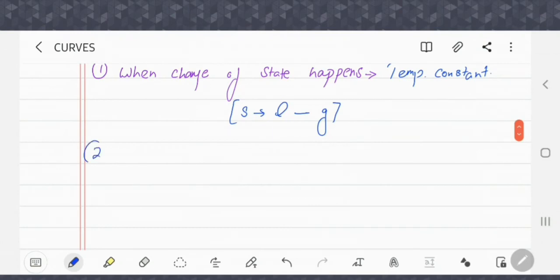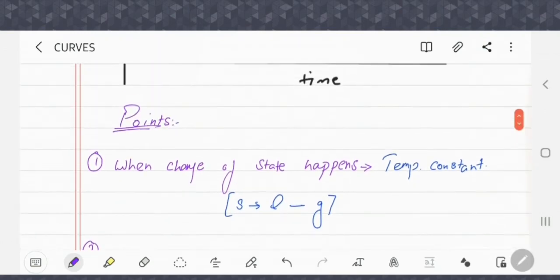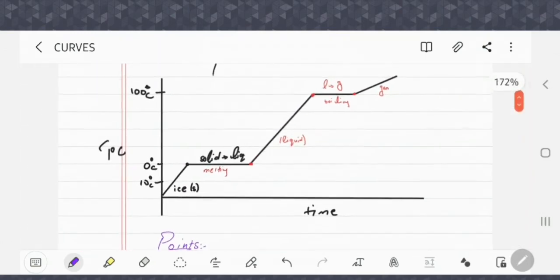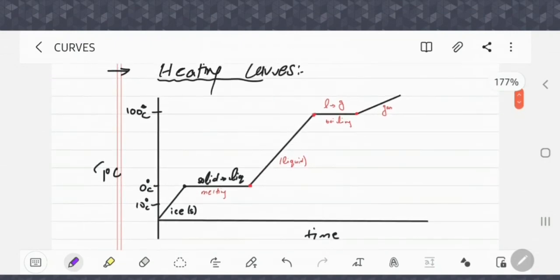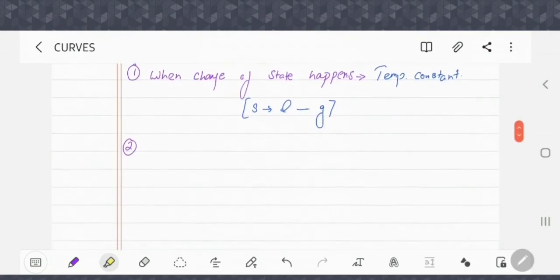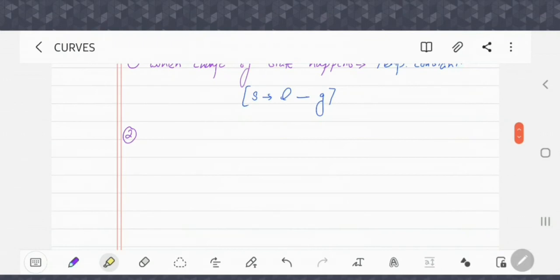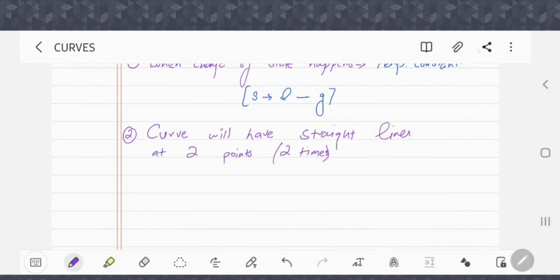Now our second point would be, as you look at the curve, it will have a straight line at 2 points, at this point and at this point. So you can simply say that the curve will have straight lines at 2 points.